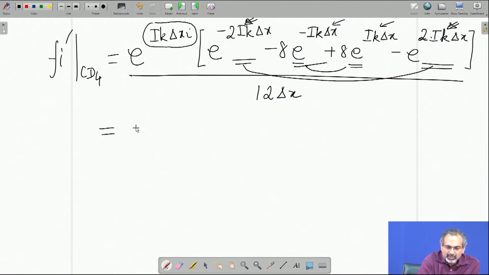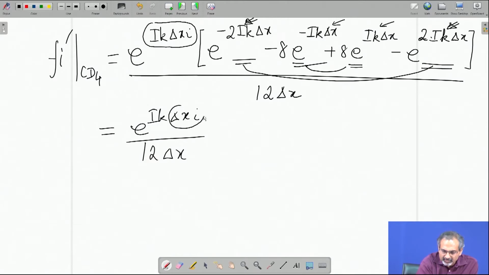So, let us do that exercise. Remember that this is a product, delta x into i, i is not a suffix here.